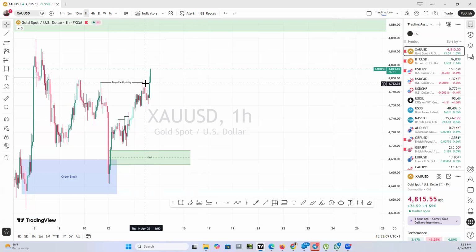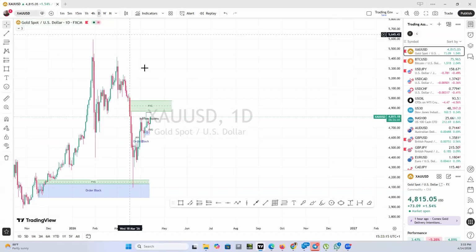But as you can see, if we go back to the daily time frame, we have this FVG, which I'm expecting gold is going to reach. Then from this FVG, gold might sell a bit, maybe to somewhere, and then start buying from there.